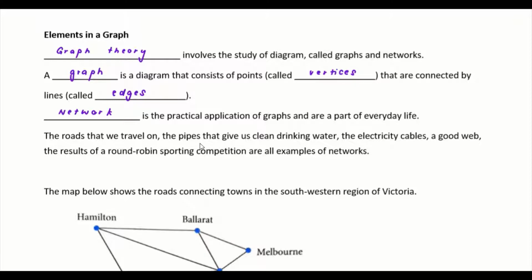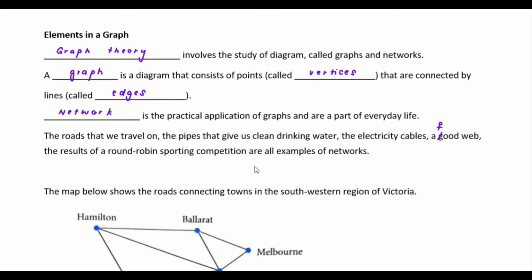You can think of the pipes that you use to connect each of the houses in one city, that gives you a network. Also the electric cable, even, oops, I'm sorry for that. I will try to change it in the handout that I sent to you. This is a food web. Or even the result of a sporting competition, they are all examples of networks.